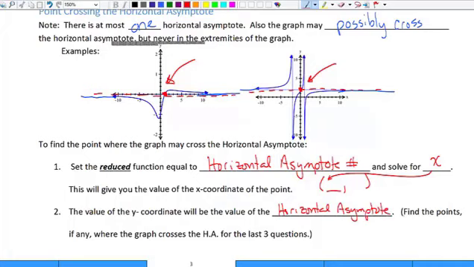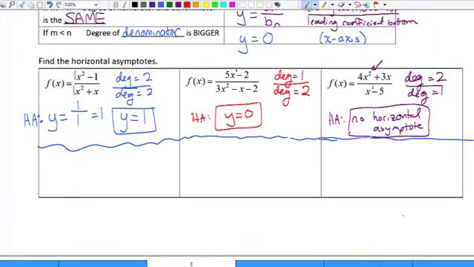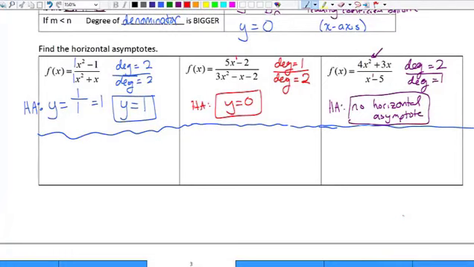So what we're going to do now is scroll back up to the previous page and do those problems again, but this time we're going to find the point crossing. So on our first problem we have f of x equals x squared minus 1 over x squared plus x.